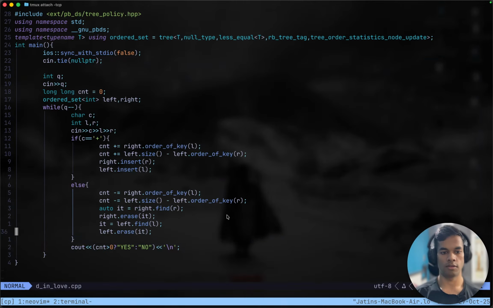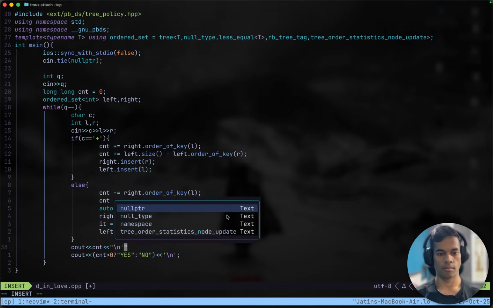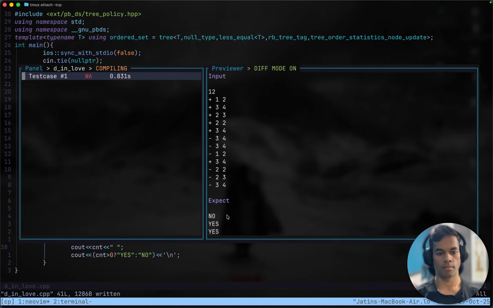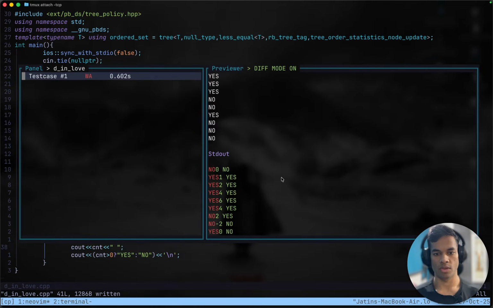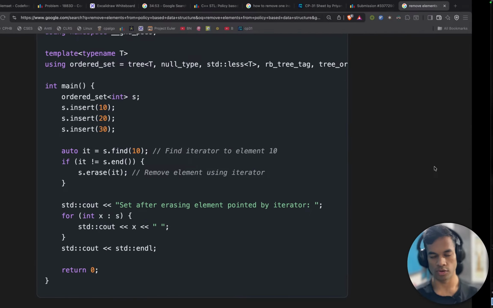Okay, let's see count. Count initial was 0, then it became negative. Why was it negative? Negative does not make sense. And I don't think it should be 2 just here.